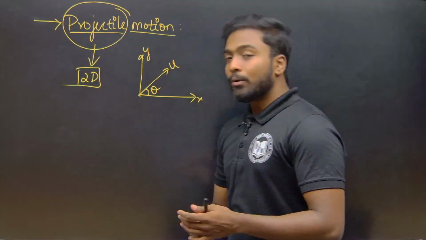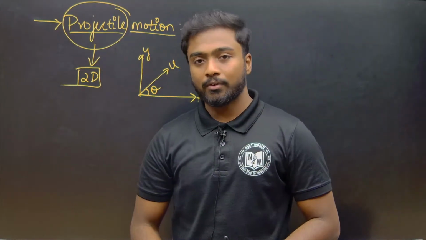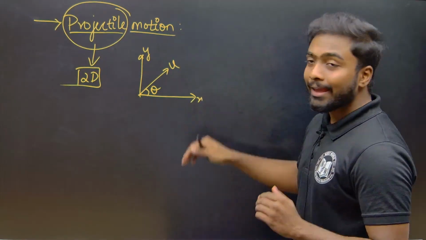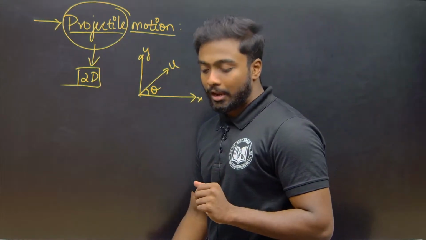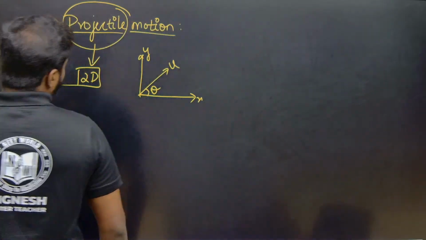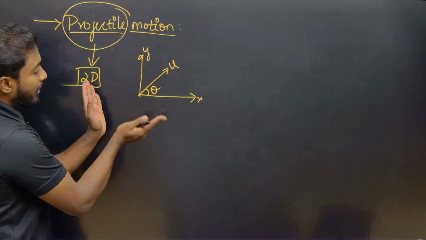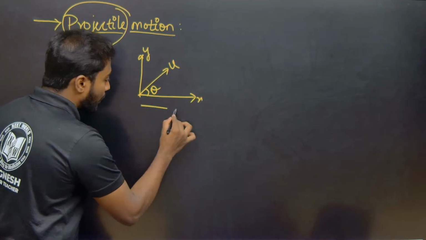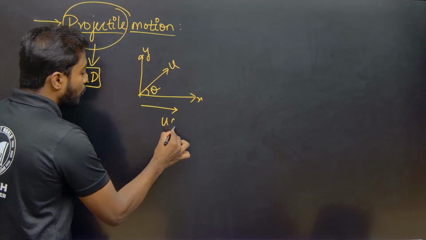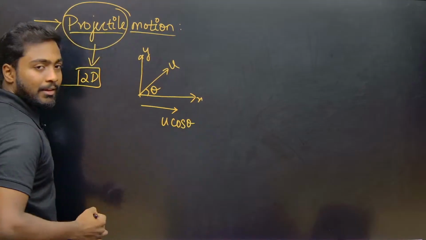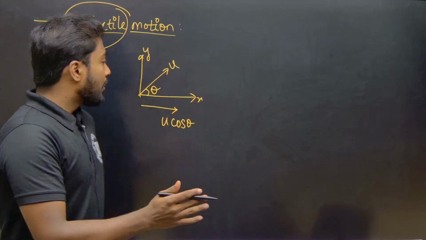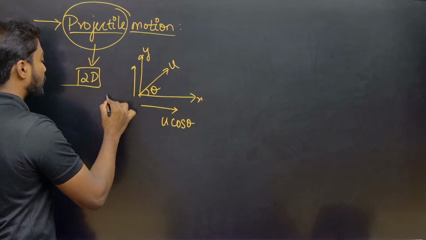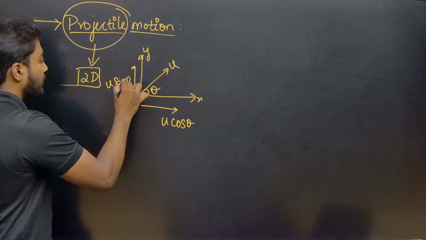So you are throwing with respect to the earth surface, and the angle is made with respect to the x axis, with velocity u. For the components, whenever we are taking components of a vector, the component near the angle will be u cos theta, and away from the angle it is u sin theta, right.